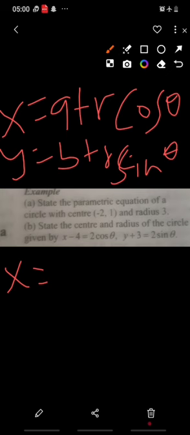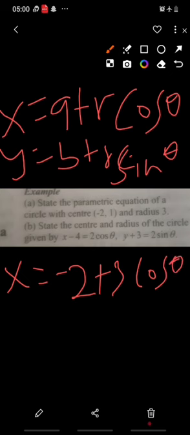Here the center is given as -2, 1. Therefore a corresponds to -2. So we have -2, and then the radius is 3, plus 3 cos of theta. So that's the parametric equation.